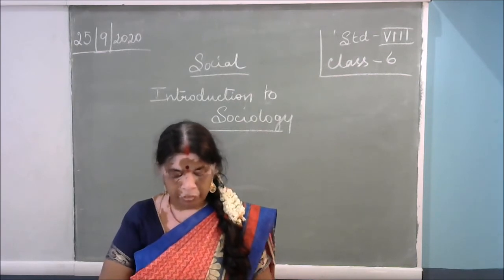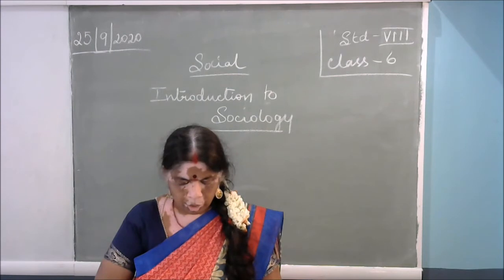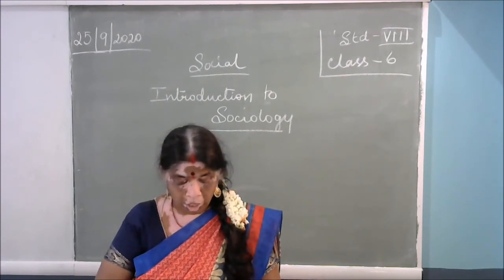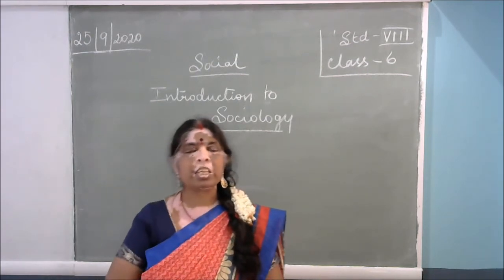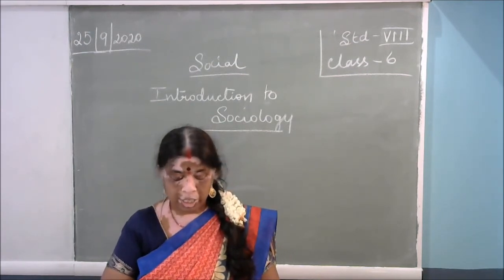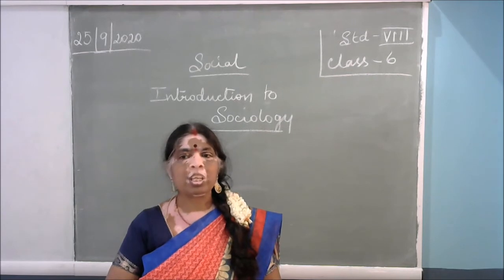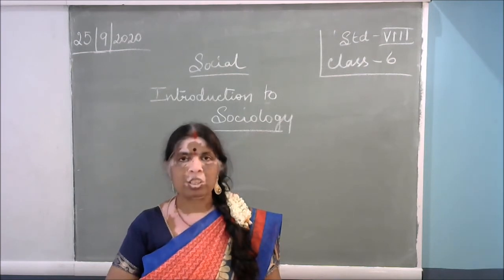Definition of sociology. Each person has given their thoughts as a definition for sociology. Auguste Comte says sociology is the science of social phenomenon subject to natural and invariable laws, the discovery of which is the object of investigation.